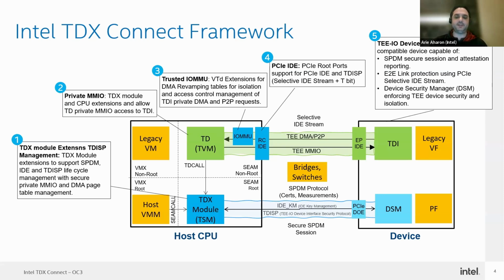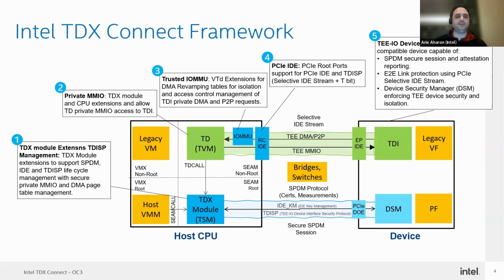starting with establishing a secure SPDM connection with the device, and then establishing the IDE link protection with the device for securing the data movement using PCI Express over the link. It is also extended to support secure management of device binding to TDs or trusted VMs using the TDISP protocol.